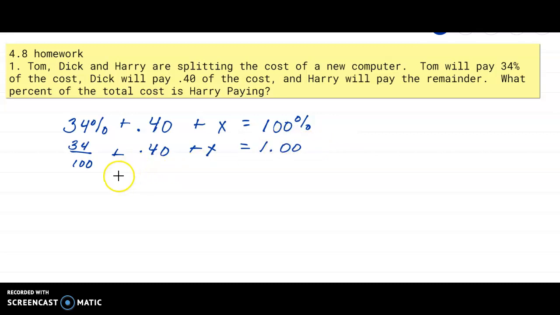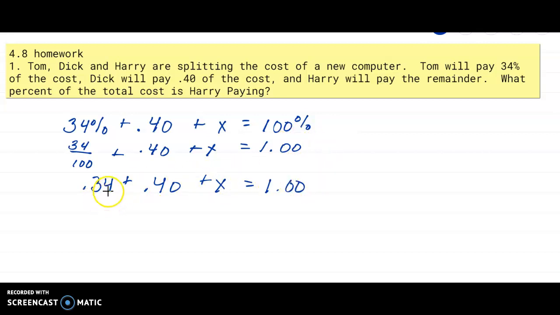Okay, now 34 over 100, let me make that into a decimal. So 34 over 100 is equal to 0.34 plus 0.40 plus x equals 1.00.